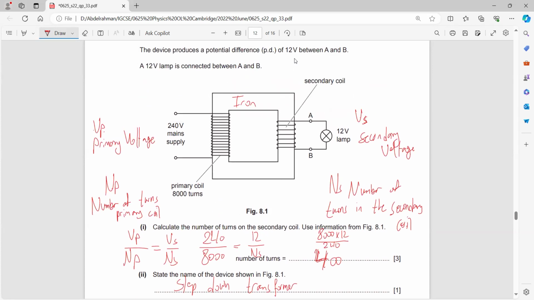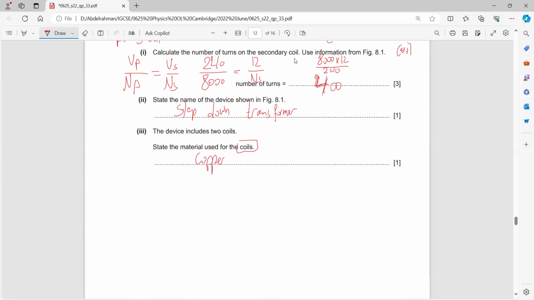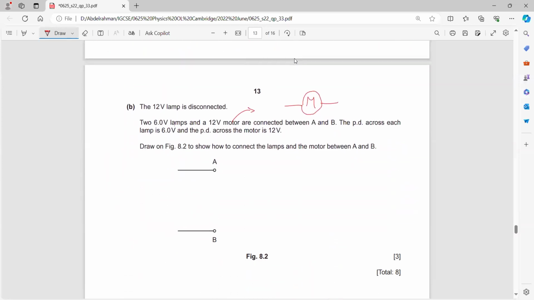What is the secondary voltage in this question? 12 volts. What do I mean by that? It's as if I have a battery which is 12 volts.